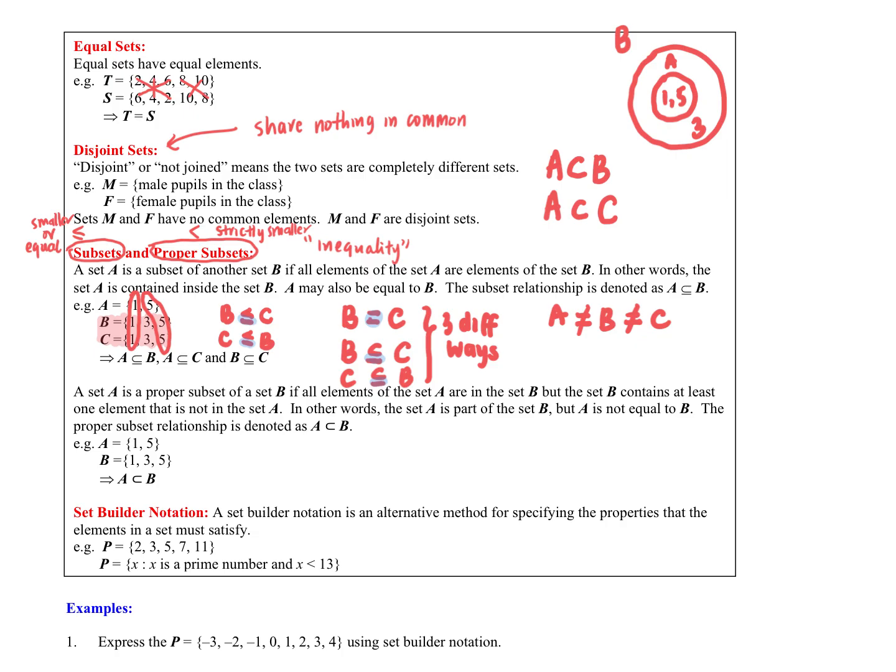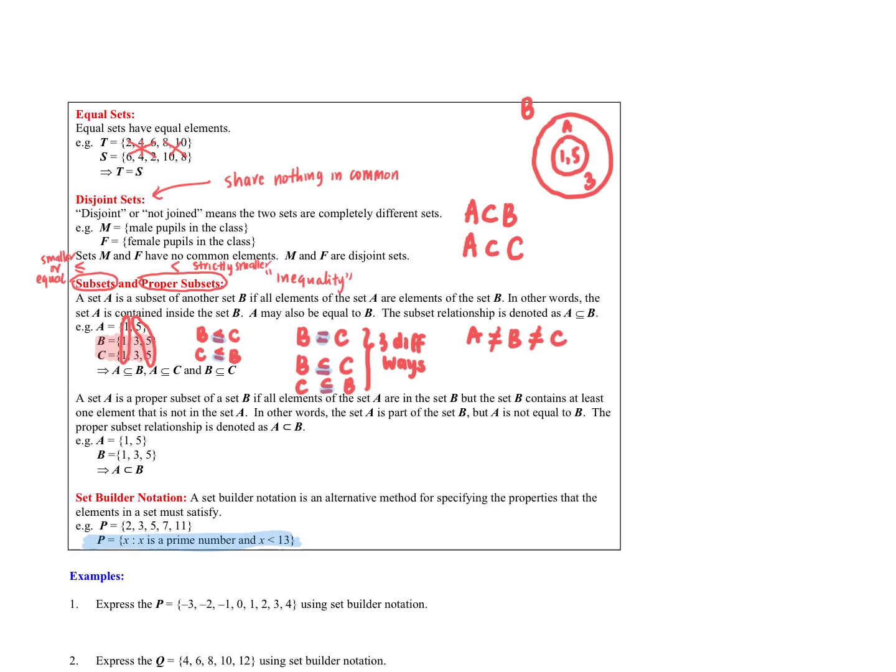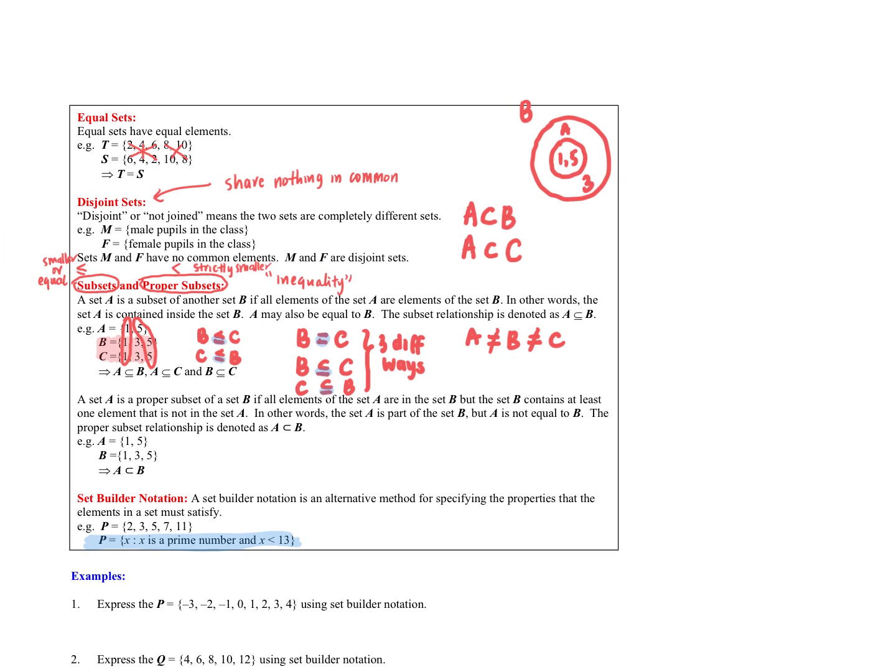And then set builder notation. As I go through the questions, I will explain again. This is called a set builder notation. Let me summarize everything. This is the universal set, which means everything, the whole world that you are talking about.